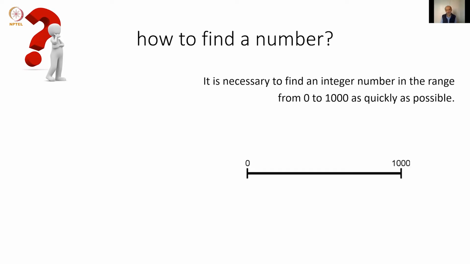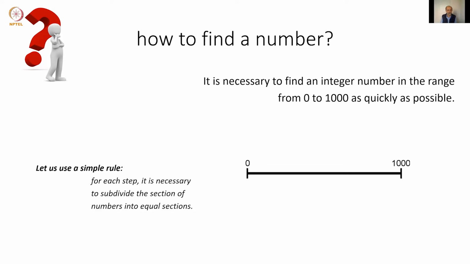I'd like to suggest for your attention a simple strategy. For each step, when you ask me the question, you need to divide your search area by half. And what is interesting to see is that you can find the number that I guess, if you follow this simple strategy, within 11 steps with a guarantee, and sometimes even faster, in 10 steps.